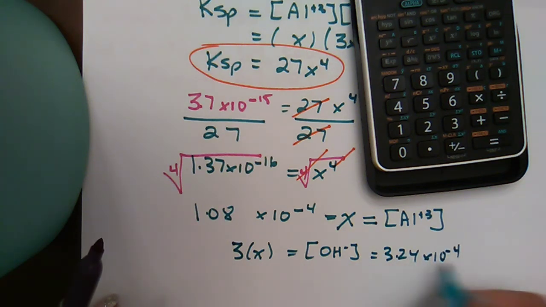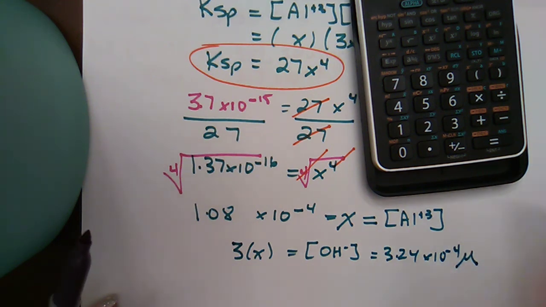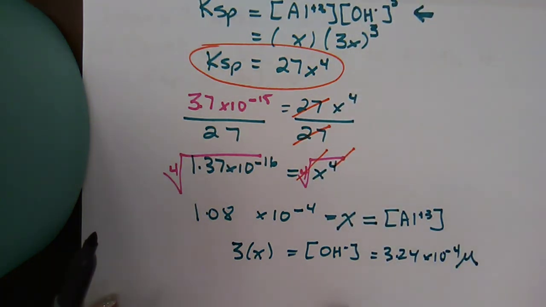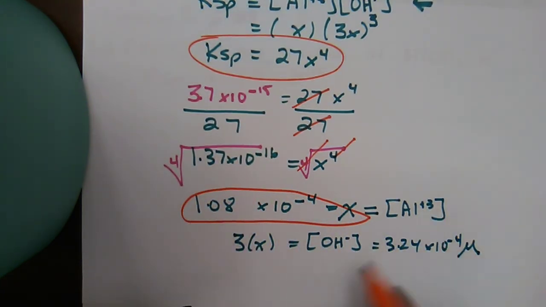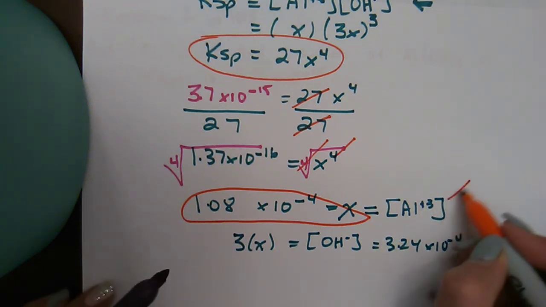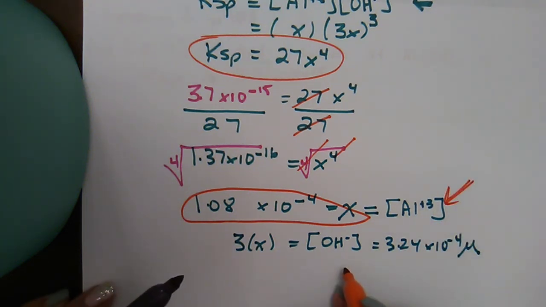And concentrations are always in moles per liter, or we can write the shorthand molar. So it always pays at the very end, once you've got to the point of doing your math, go back and say, gee, did I answer the question? In this case, had they asked us for hydroxide, we would have had one more step to go.